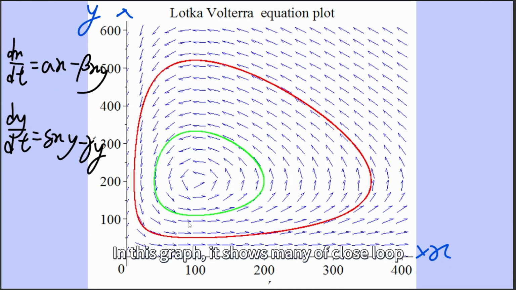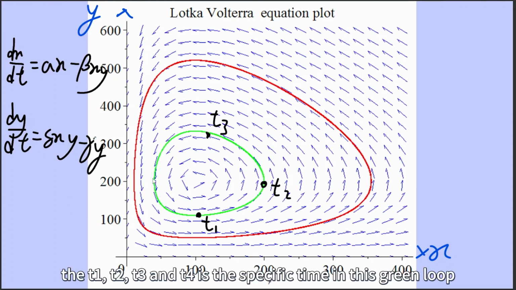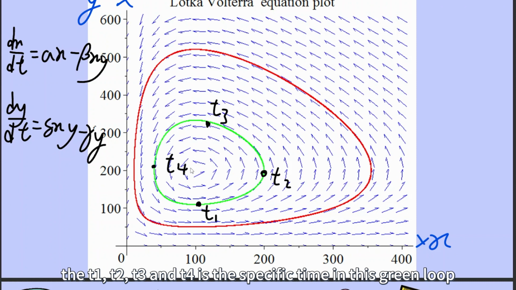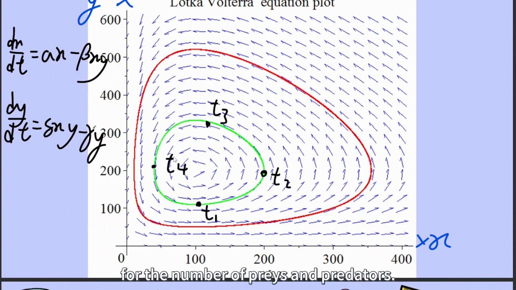This graph shows many closed loops, and t1, t2, t3, and t4 are specific times on this green loop for the number of prey and predators. From t1, t2, t3 to t4 and then back again to t1 is a closed loop, and it shows the change in the number of prey and predators.